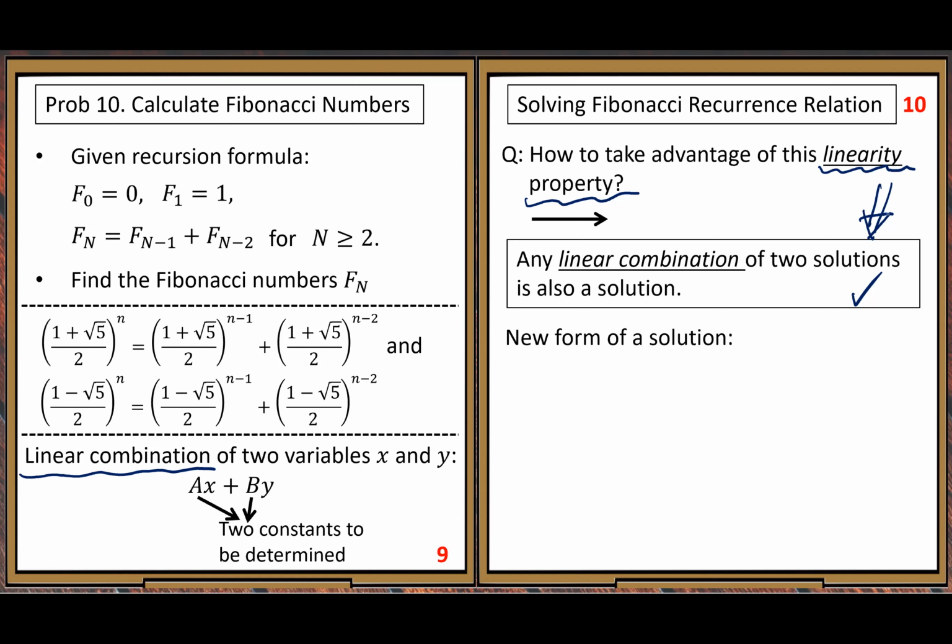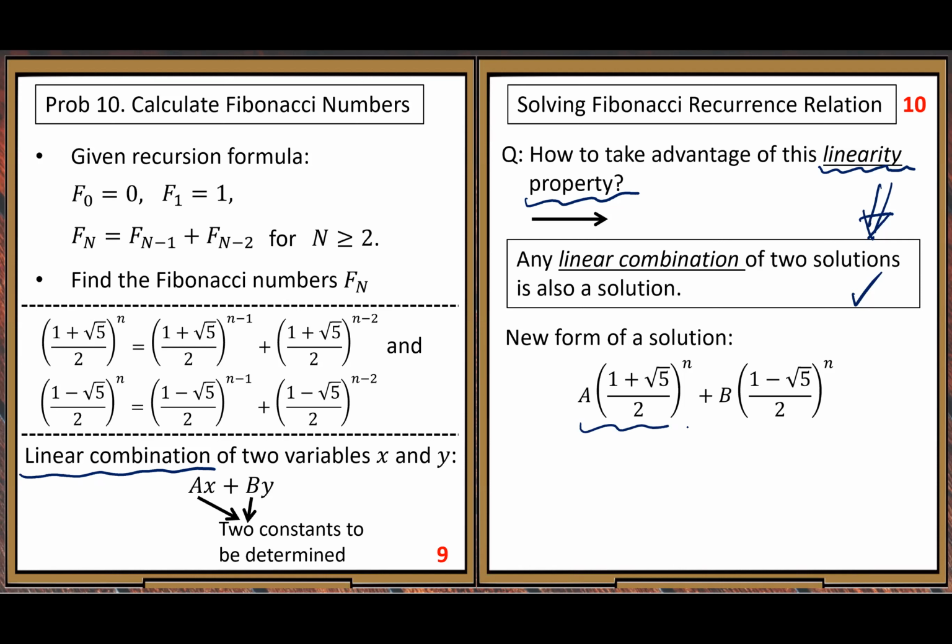Look at this. Let us use the linear combination of two old solutions. First one, A parameter times the first solution plus B parameter times the second solution.